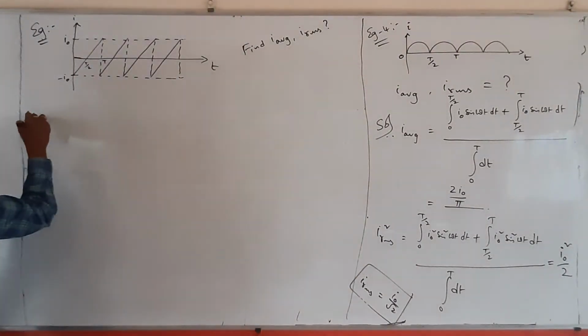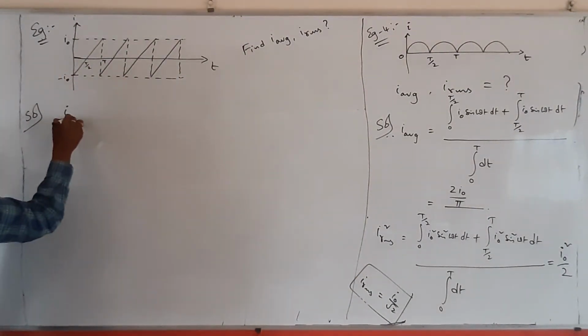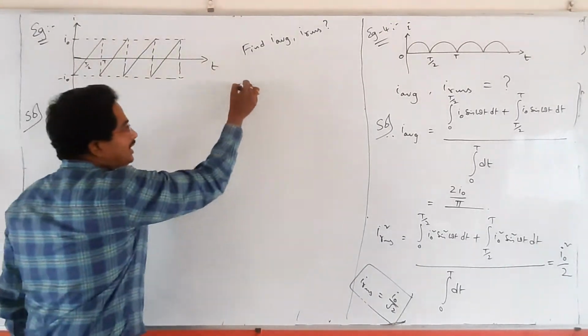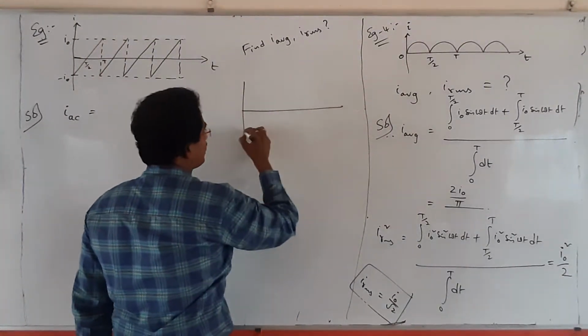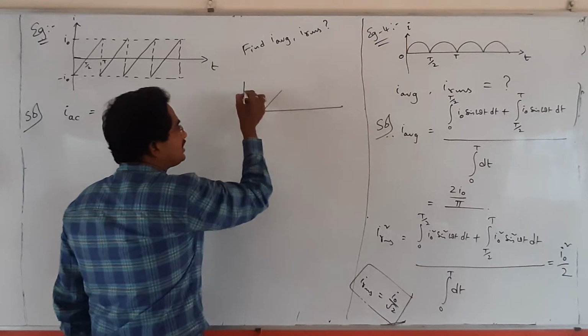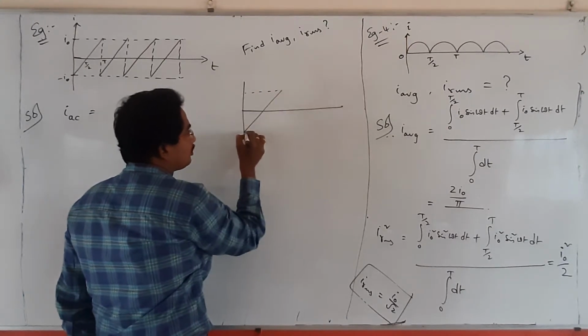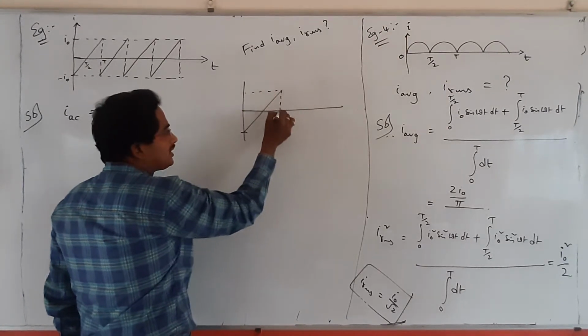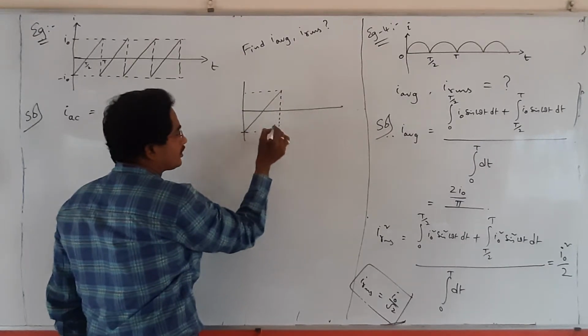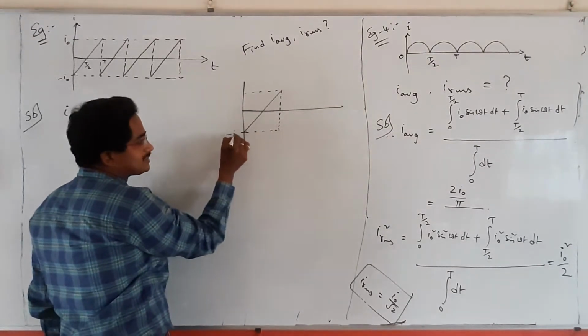How to find I average and I RMS for this? See, first of all, you have to find the IAC value equation. It is a straight line with a positive slope. What is the intercept? Minus I naught.